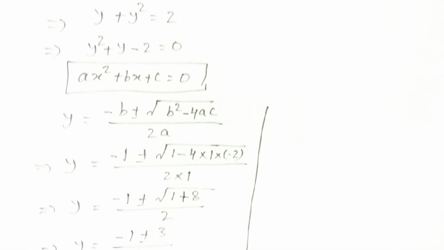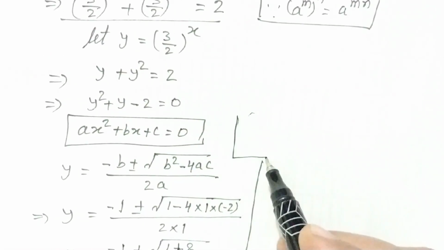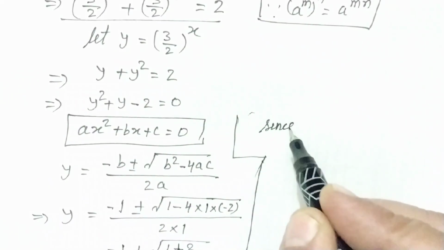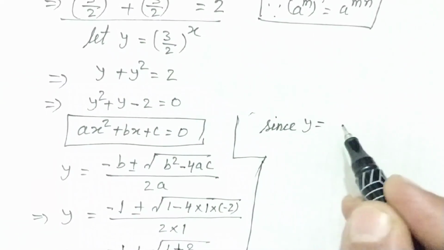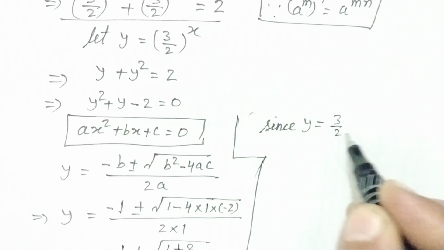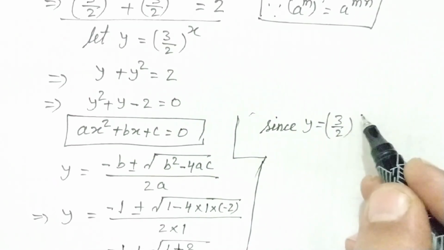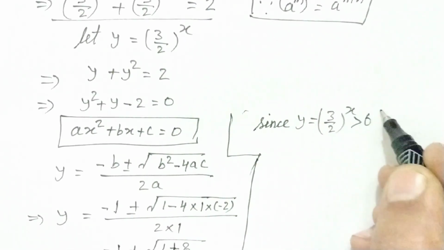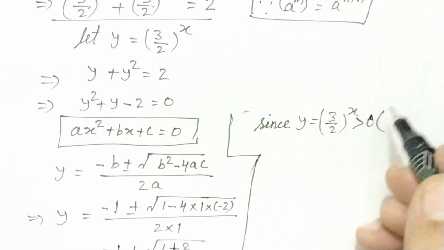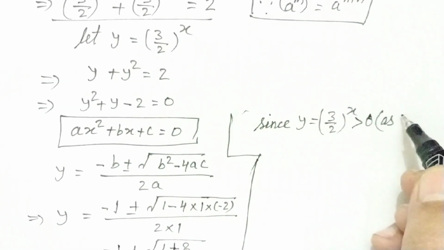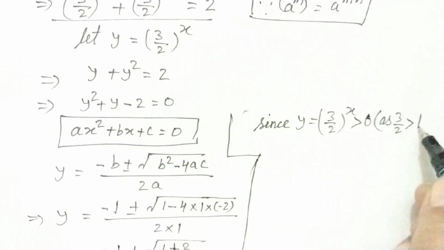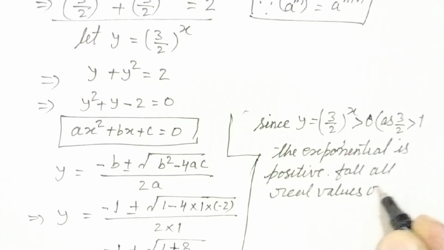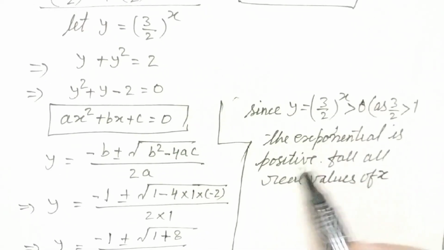Now since y is equal to 3 by 2 to the power x, as we have assumed, right, is greater than 0, and 3 by 2 is greater than 1. Okay. The exponential of x, right?